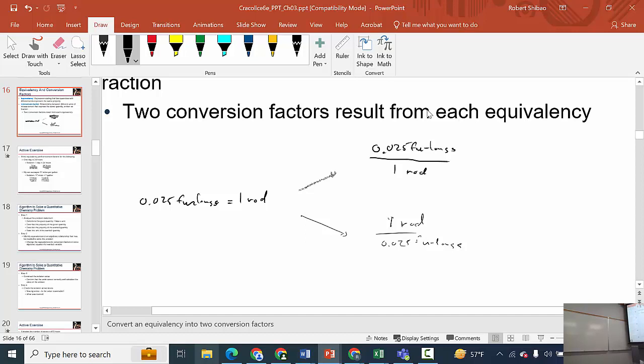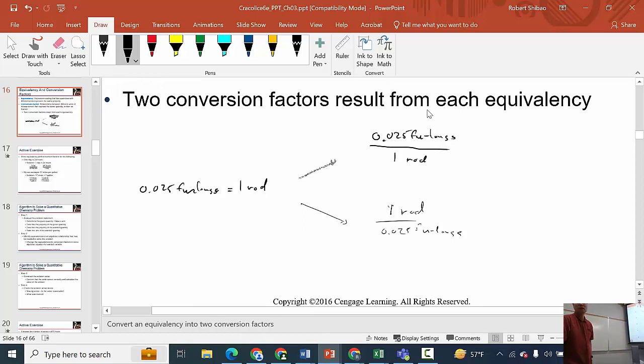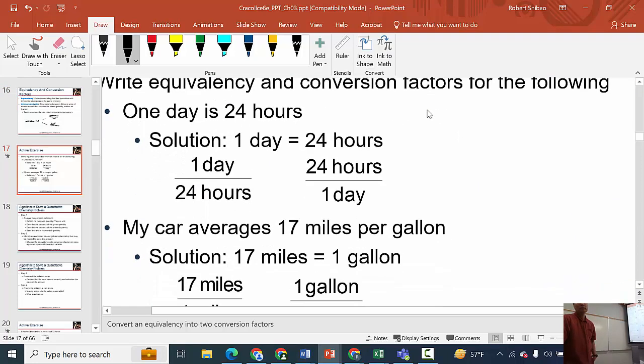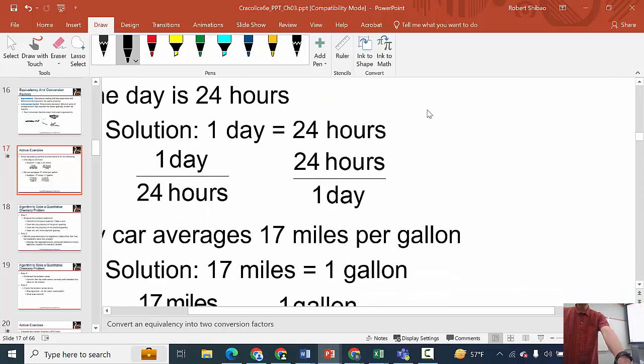And so make sure the furlongs cancel. It's supposed to say furlong there. And so we just get two ratios like that, and then we use those in an algebraic calculation that was shown earlier. And so what we want to do is we want to just use conversion factors. Sometimes we have to stack one on top of the other. In other words, we do these in steps. Sometimes we just do it in one step.